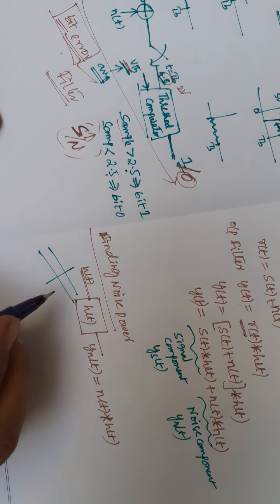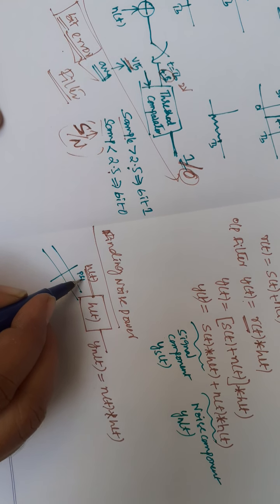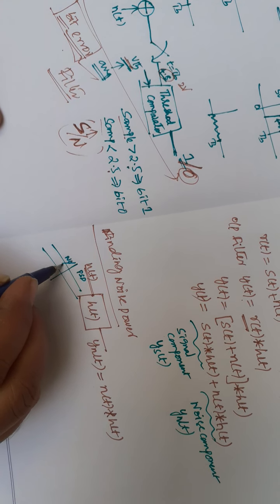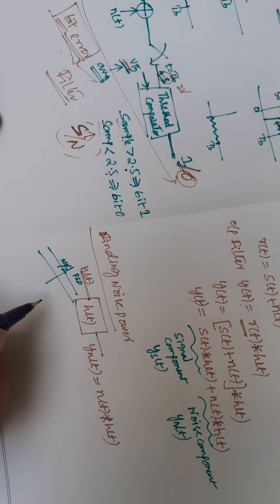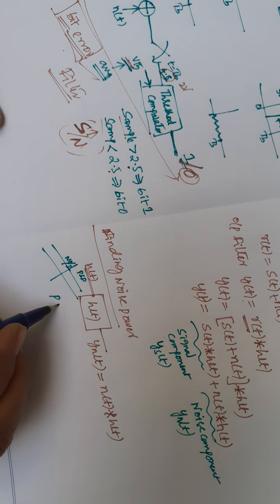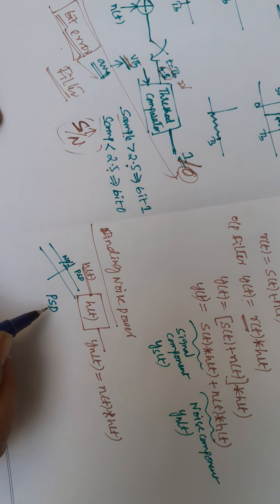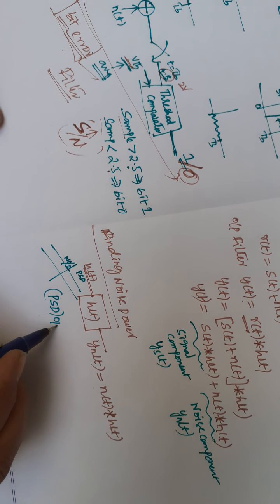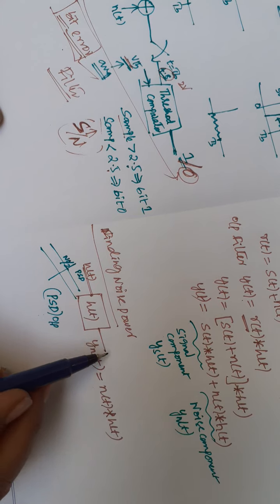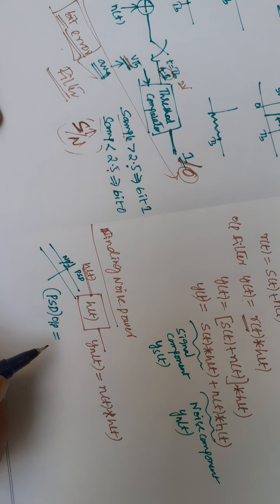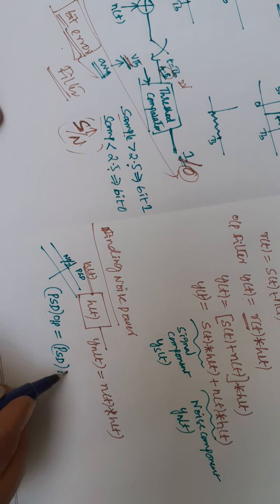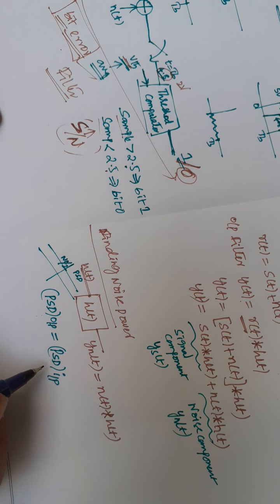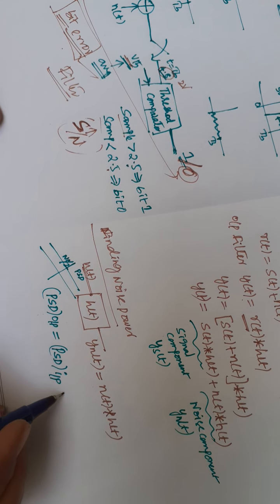The power spectral density of the Gaussian noise is N0 by 2, right. So here I am going to find the power spectral density output.